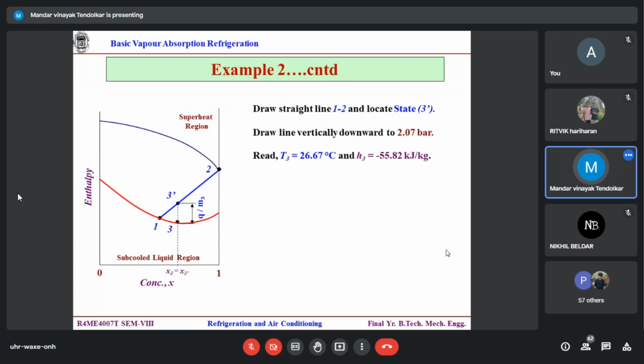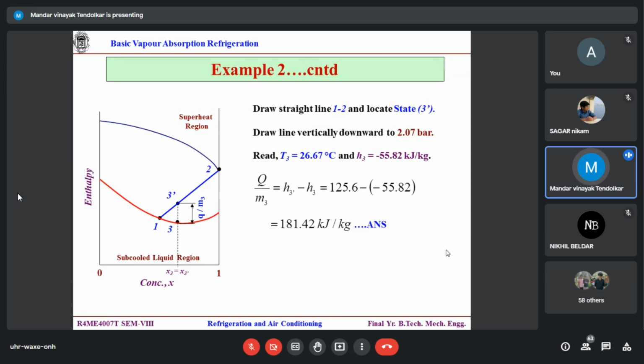Temperature -45, so enthalpy will be near about 28. You have to read the temperature at 3, not 1. 1 and 3 are on the same pressure, not temperature. Temperatures are different because you have rejected the heat, so they are bound to be different.